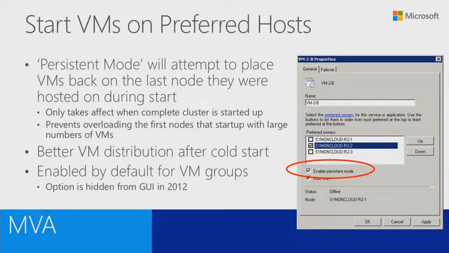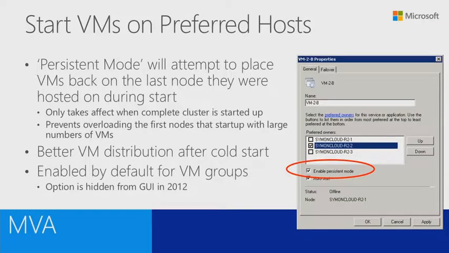So the virtual machine will still move there and come online, and as soon as one of my preferred owners is available again, we'll move it back to where we want it to be. This can ensure that the VMs stay online on an ordered list of hosts that you want them to stay on.